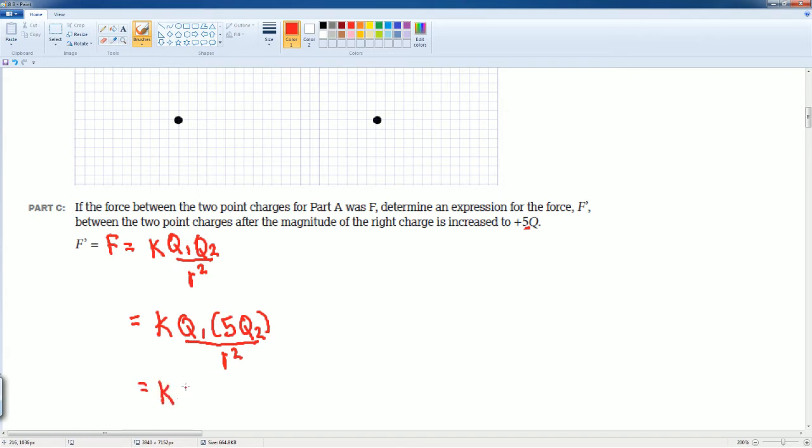This is K. You could pull out the 5 here, so it can be 5K Q1 Q2 over R squared.